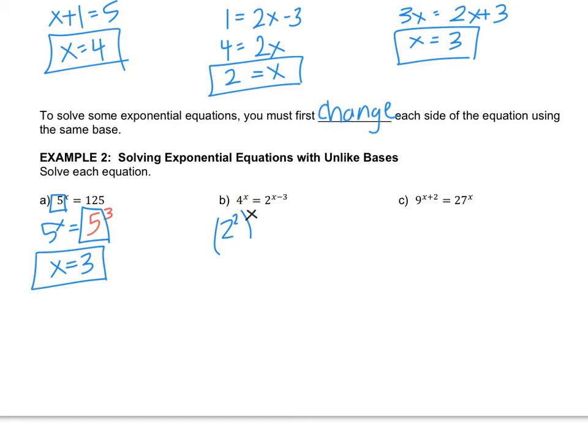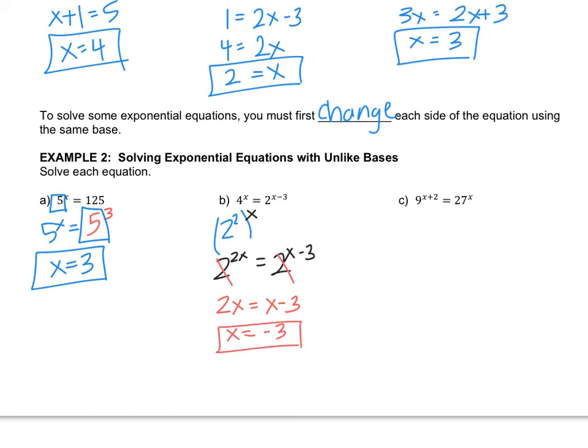Now I use my exponent rules, which is to multiply, so 2 to the 2x equals 2 to the x minus 3. Now that I've made them have the same base, I can ignore the bases and just write an equation with the exponents. So that means that 2x is equal to x minus 3. So then when you solve, you get x is equal to negative 3.